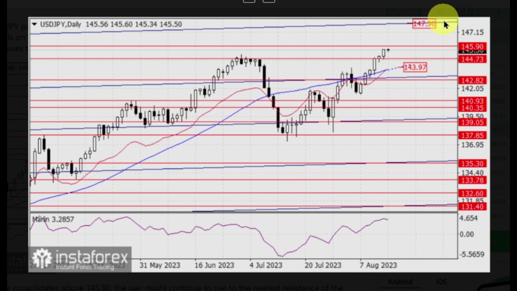Beyond this level lies the 148.50 target. The bulls will probably aim for the 147.90 to 148.50 range next.